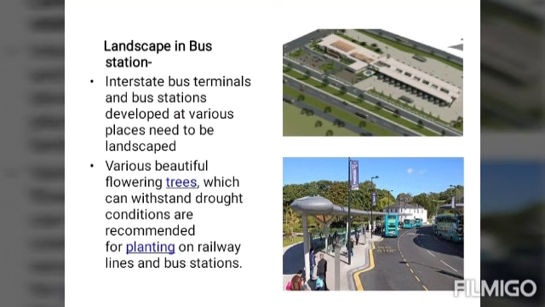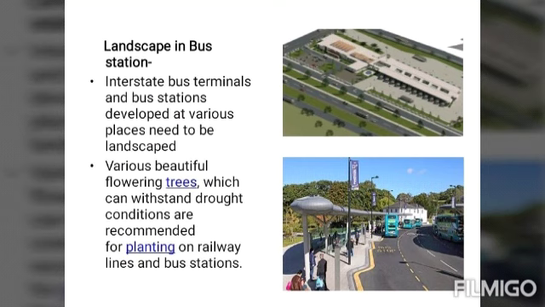In the summer season, you plant the type of tree which can tolerate that climatic condition. It can withstand drought conditions and is recommended for planting not only in bus stations but also along railway lines. So that's why it is really important for landscaping in the bus station.